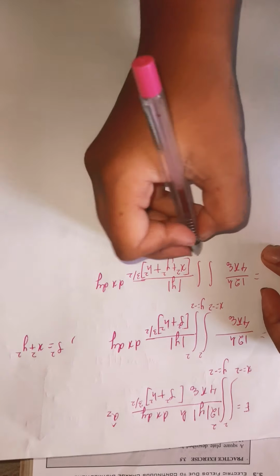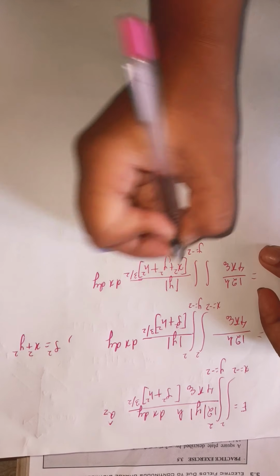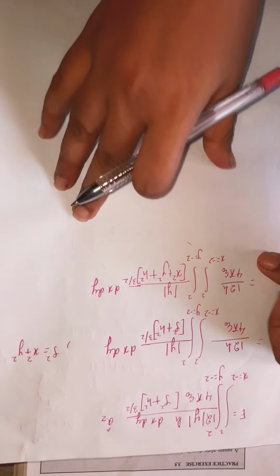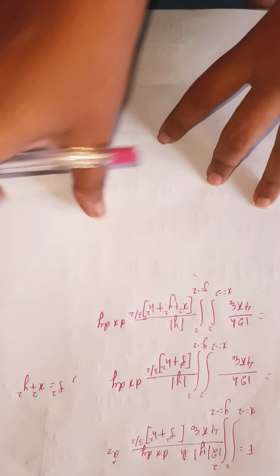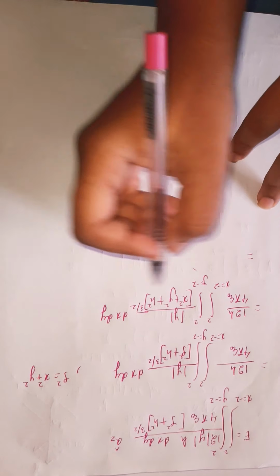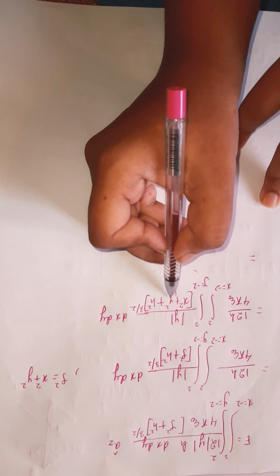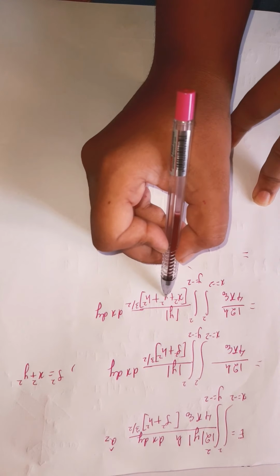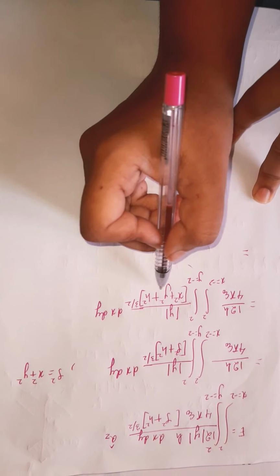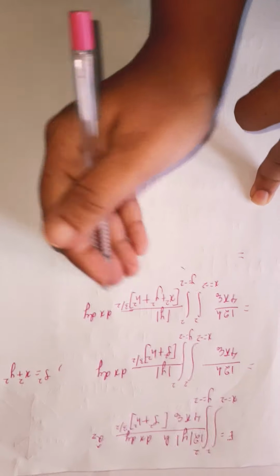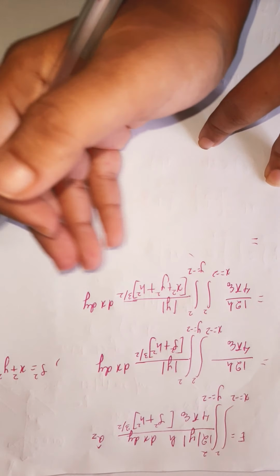The main thing in this question is integrating this. If you can integrate this, then it's well and good, because you can reach up to this. As you can see over here, suppose we decide to integrate y first, like we had done earlier. If I put any negative value in place of y, I will get the same thing as when I put a positive value.